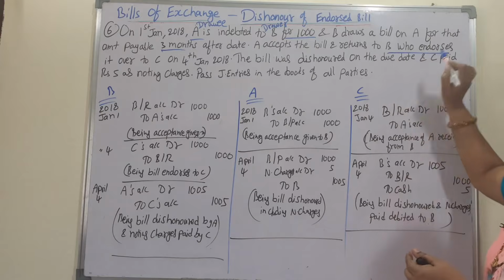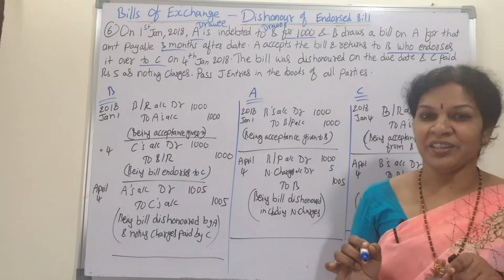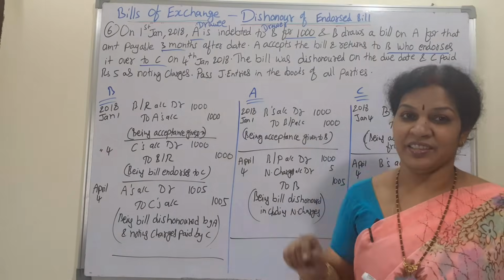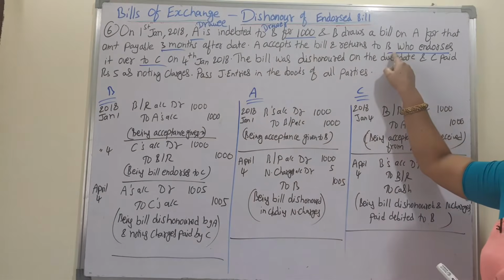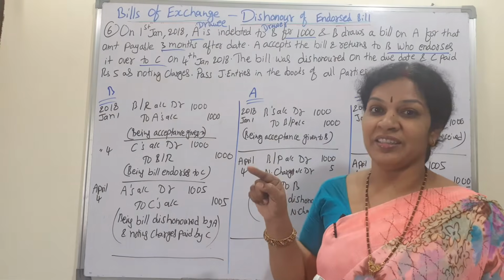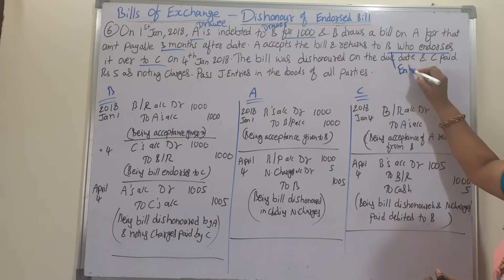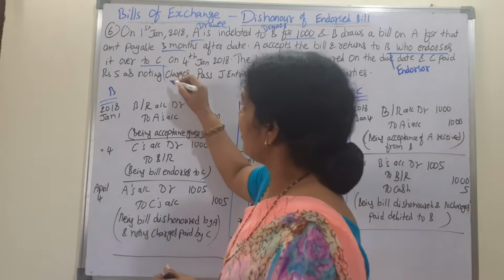B, who endorses it to C. B is the drawer, so this drawer is endorsing this bill to C. B is the endorser and C is the endorsee.